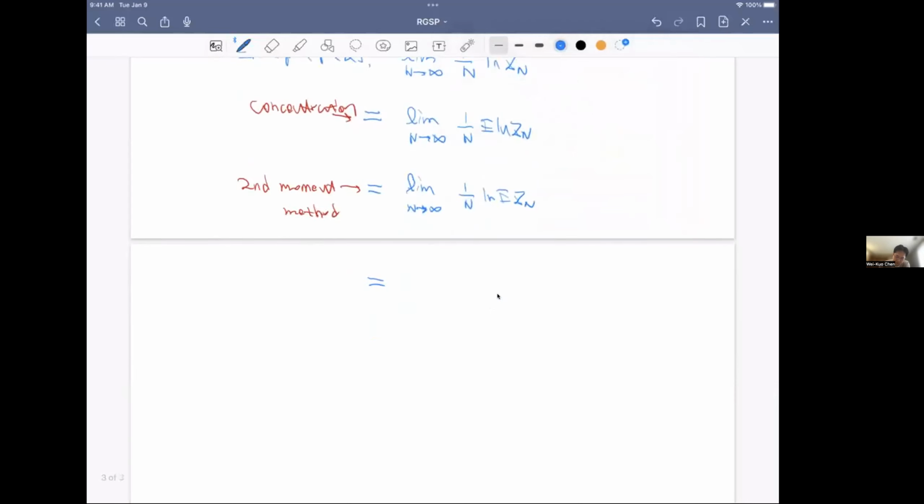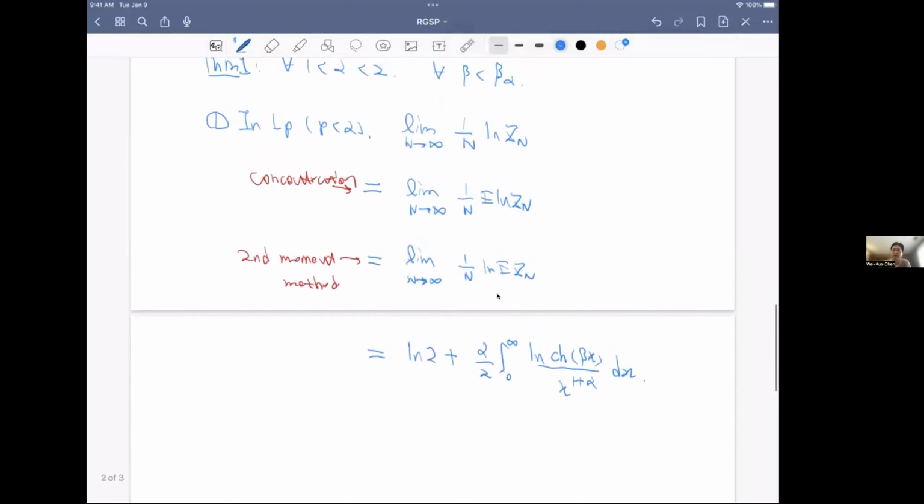And the outcome is very simple: just log 2 plus an integral from 0 to infinity of log of CH, which means hyperbolic cosine, of beta x, divided by x to the 1 plus alpha, dx. All right. So this is the first main result.